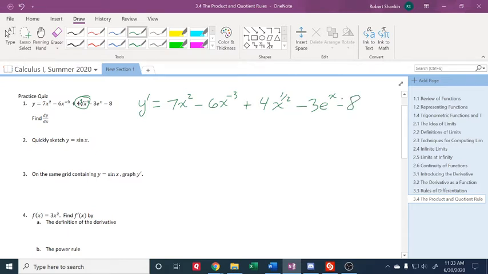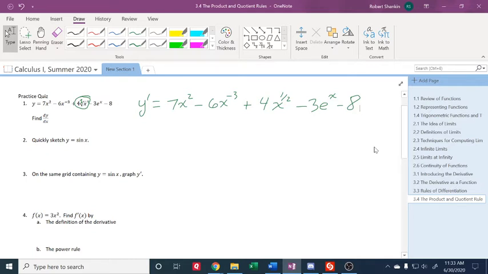Alright, now, I intentionally made a mistake when I rewrote this. Does anybody see the mistake that I made? Nobody seeing it?